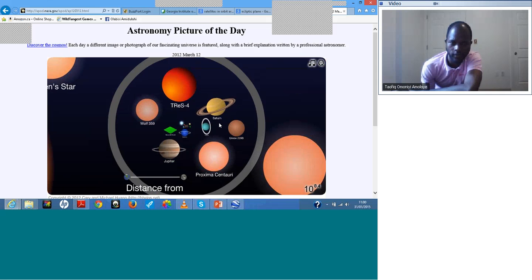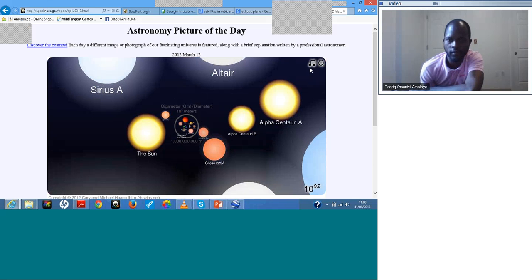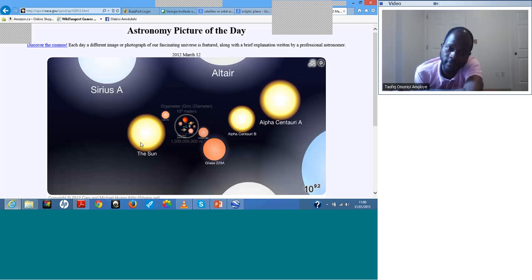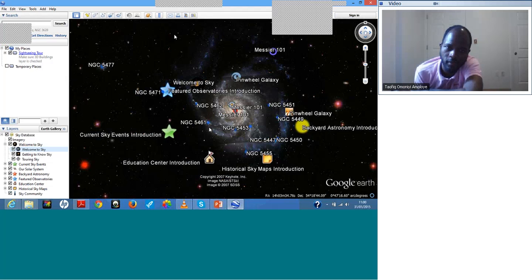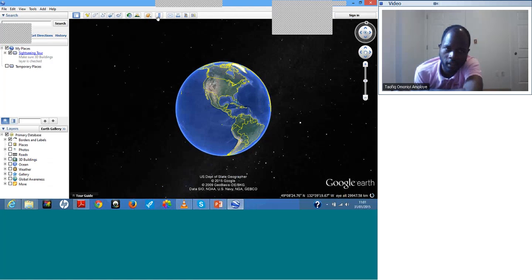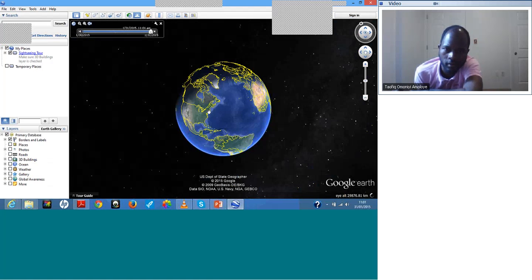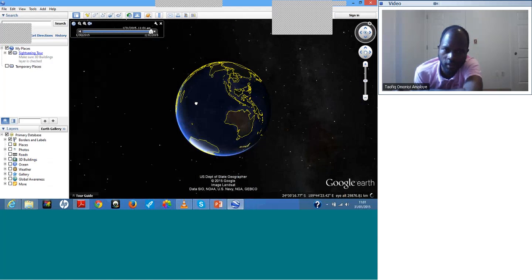We are getting to the very gigantic scales. Look at what we are seeing here. The sun is very huge and gigantic, it seems very gigantic to us. Looking at Google Earth here, let me try to find the sun.